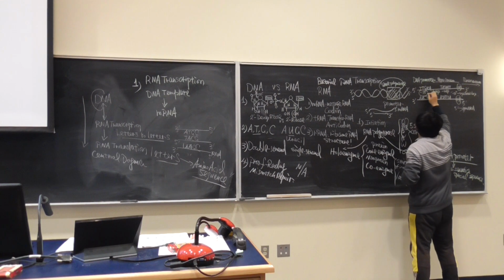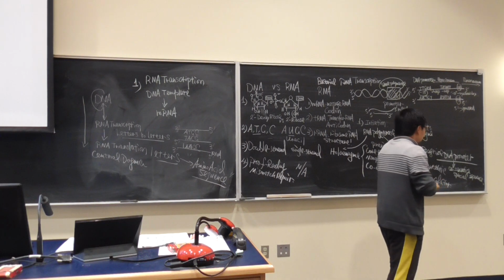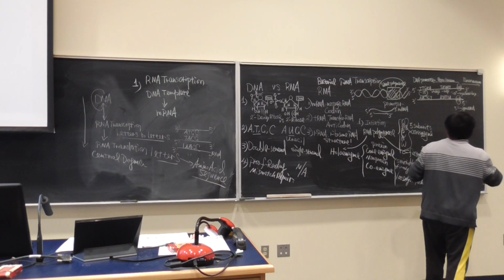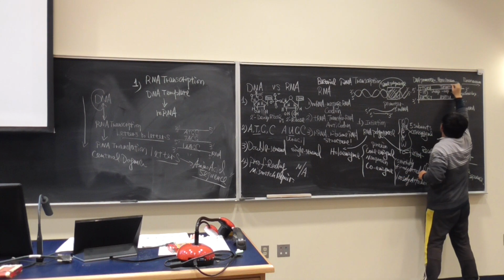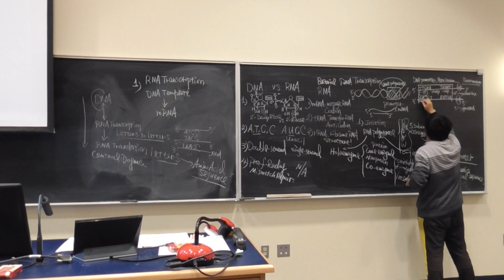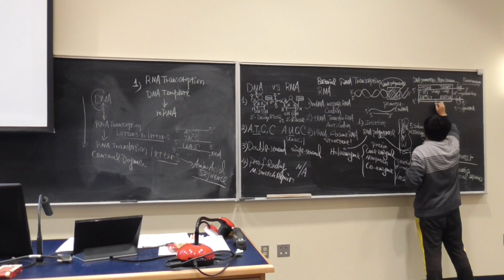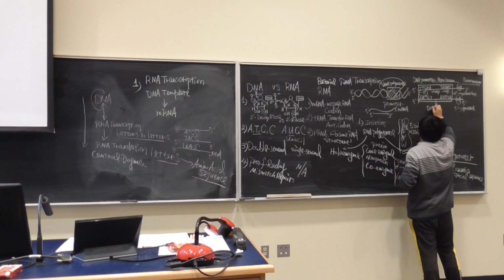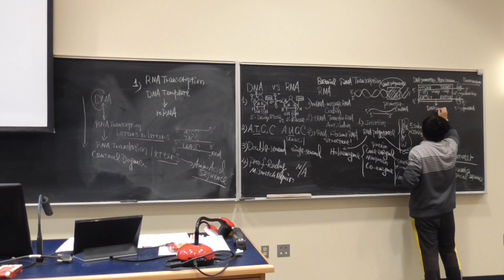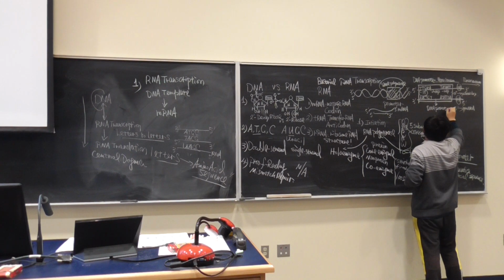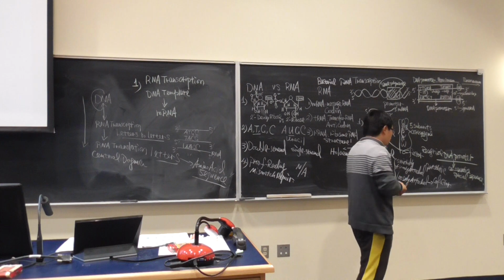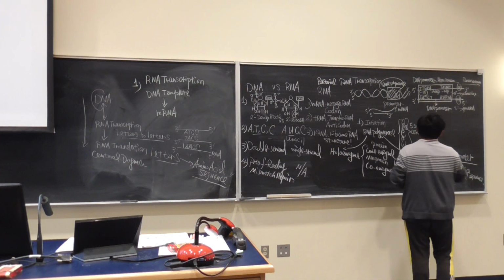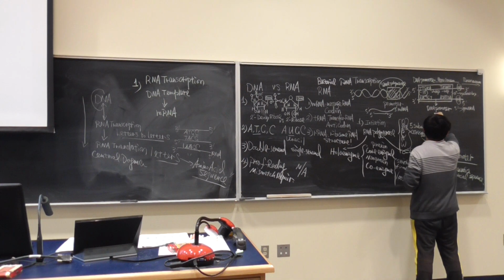This is -35. The sequence between -35 and -10, this area is called the DNA promoter. This DNA promoter will be recognized by the sigma factor.